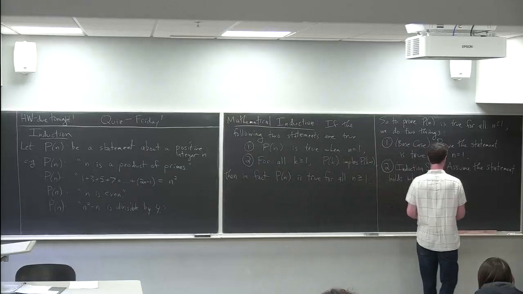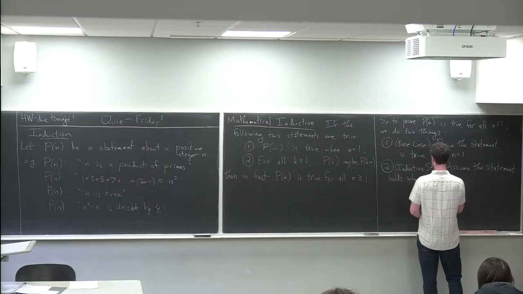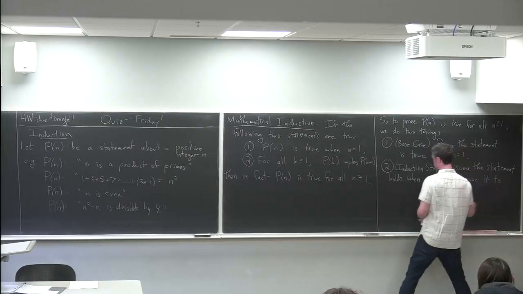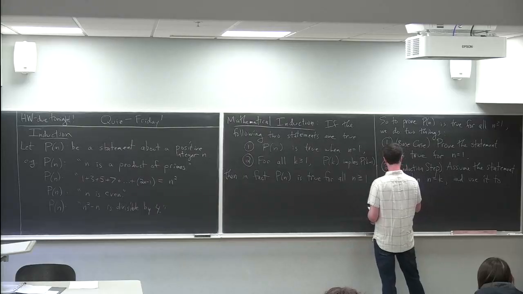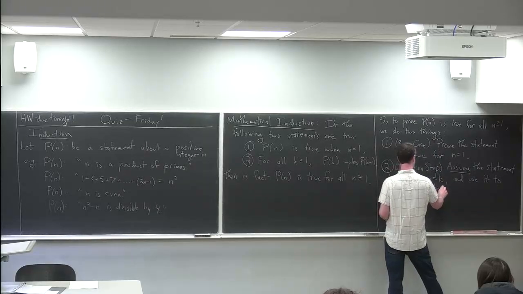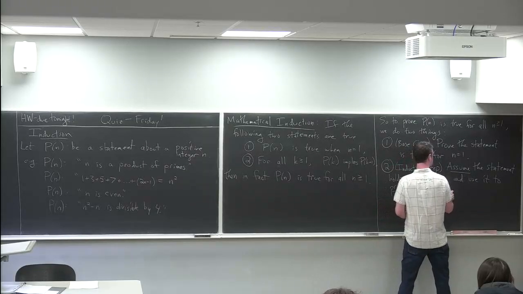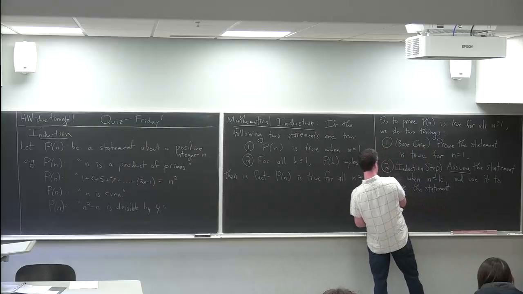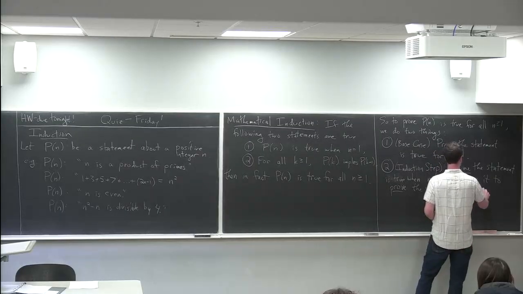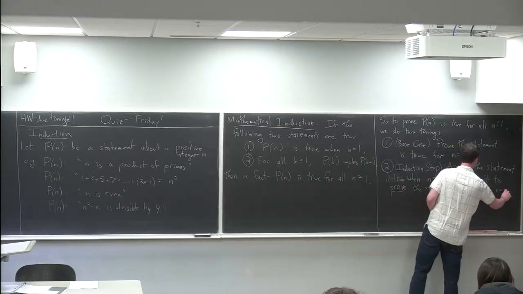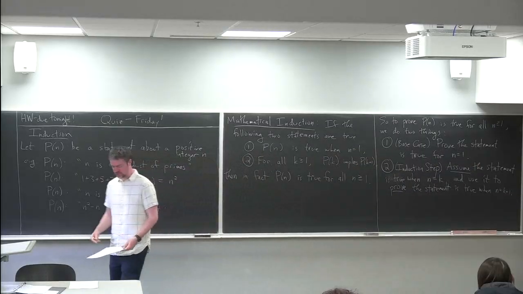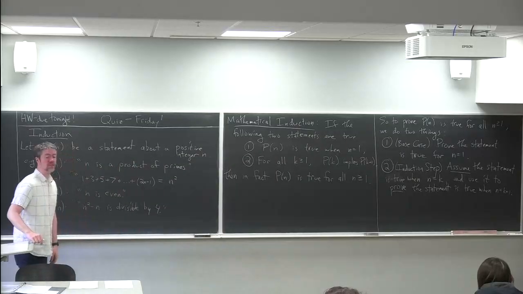So you assume the statement holds when n is k, and use that somehow to prove the statement is true for the next integer, when n is k plus 1. Okay. So these are the two things that show up in an induction proof.